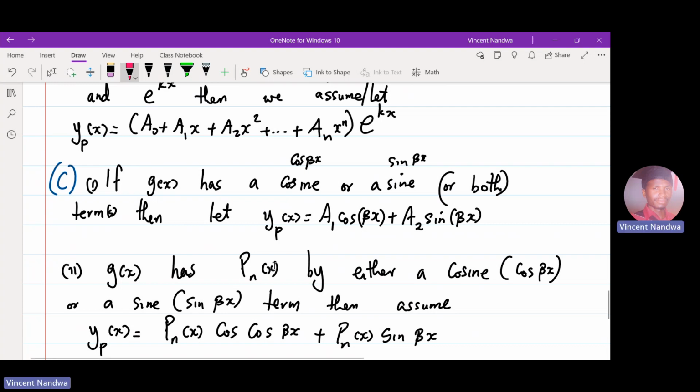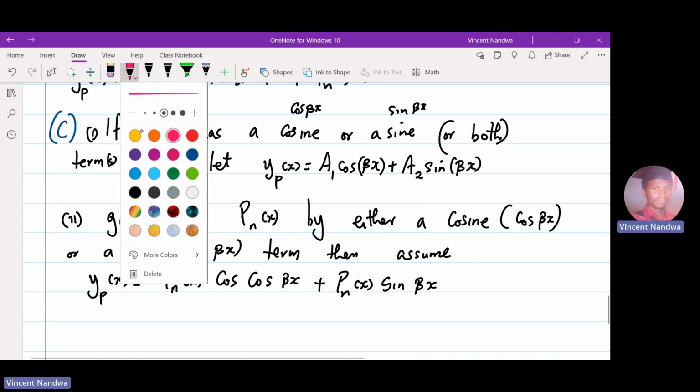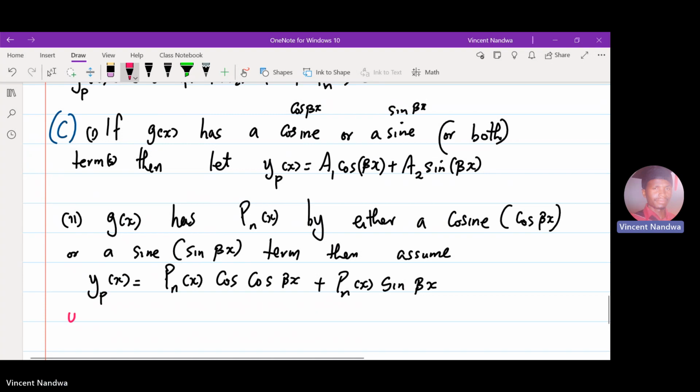Okay, so you are referring to this last. So remember, let me probably write this in expanded form to understand what I mean. So I mean, yp will be of the form a0 plus a1x plus a2x squared plus an x power n times cosine of beta x.